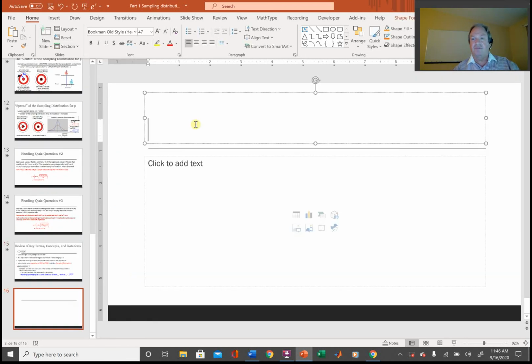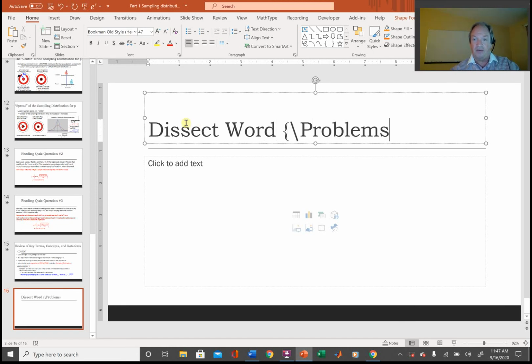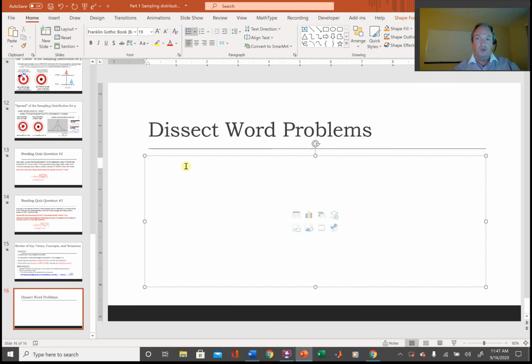Remember I said previously that statistics is not mathematics, but they're word problems, right? So what we want to do is we want to be able to dissect the word problems. When you're working a problem and you're totally lost, and this happens to me too, by the way, some things are really, the way people word problems can be kind of weird.